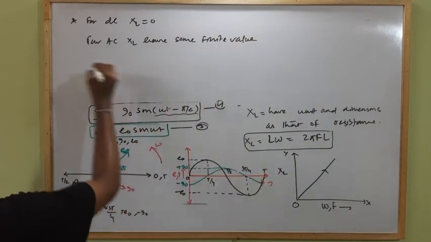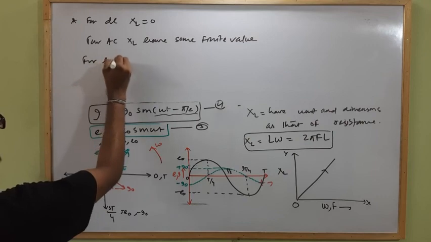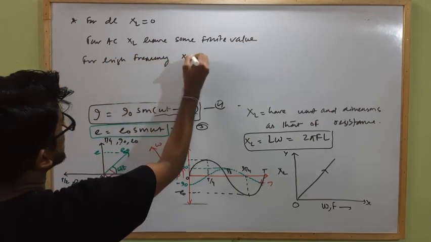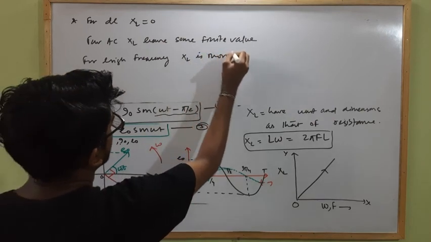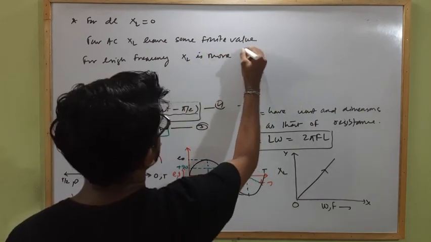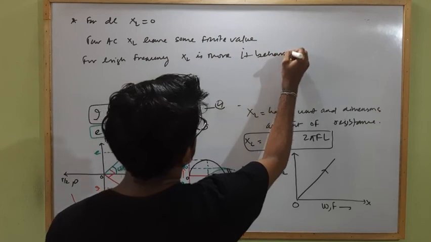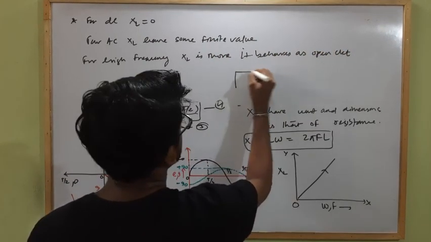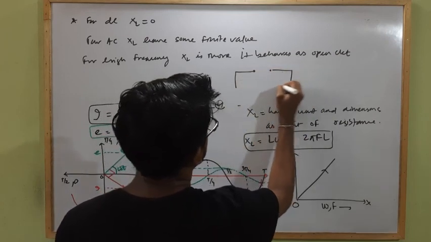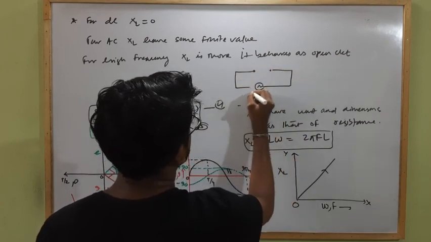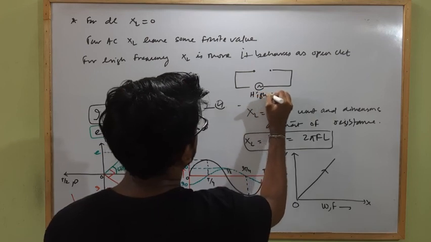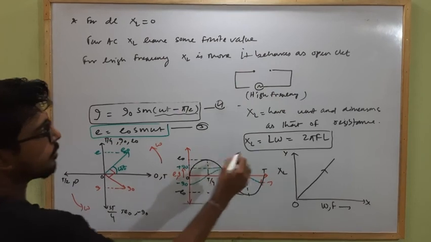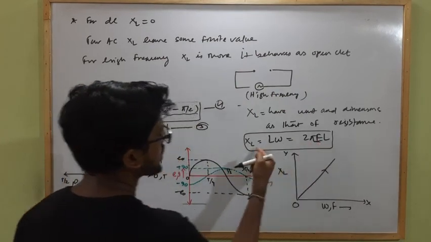Clear? So for high frequency, XL is more, so it behaves as an open circuit like this. If I am applying high frequency, XL is directly proportional to frequency, so XL will be maximum.